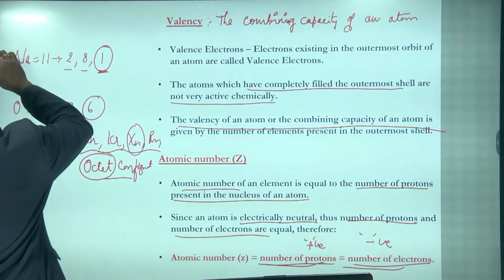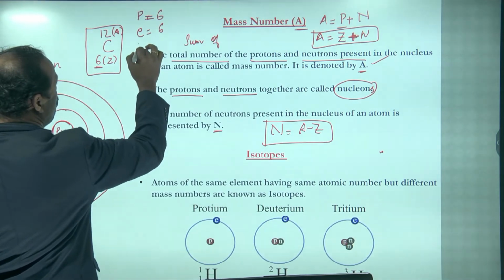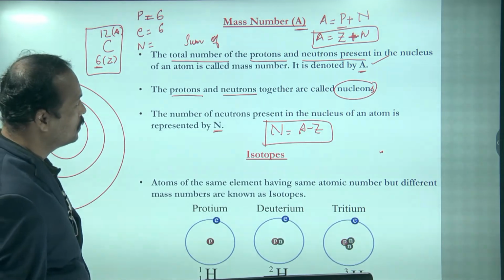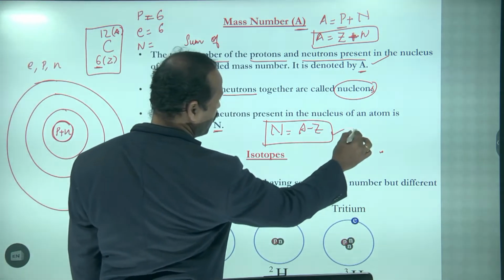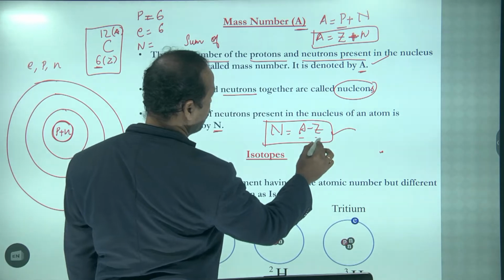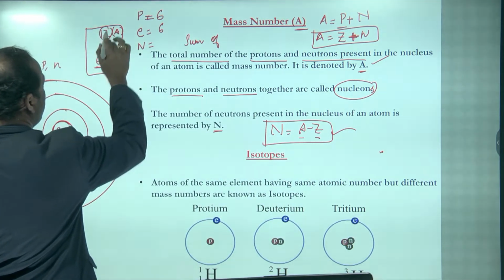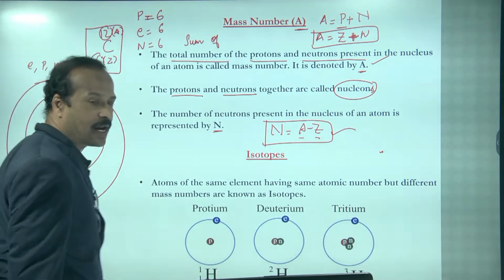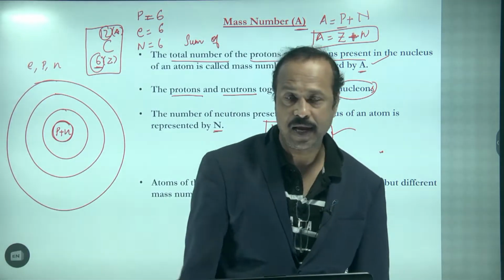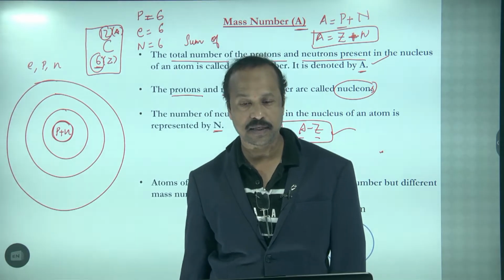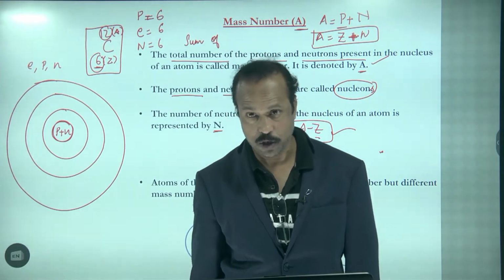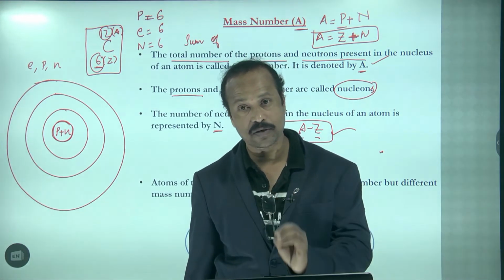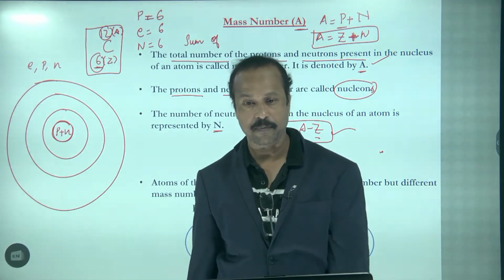So 6 electrons. Now how many neutrons are there? 6 only, because N is equal to A minus Z. Here A is 12, Z is 6, and 12 minus 6 is 6. So like this you can represent the element, and by seeing that representation we can say its atomic number, its mass number, how many protons, how many electrons, how many neutrons are there. Is this clear to you?